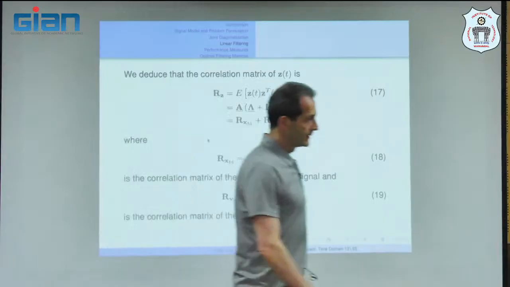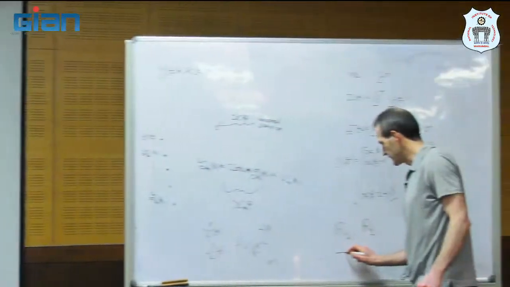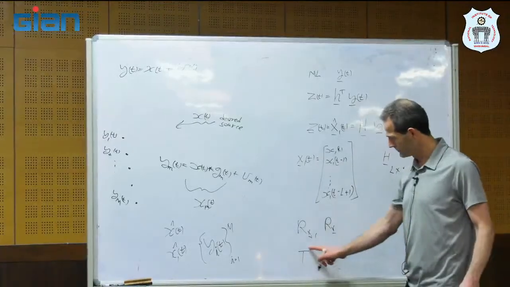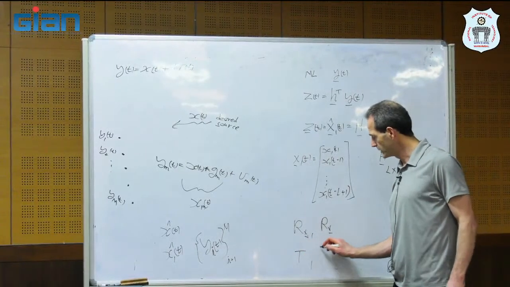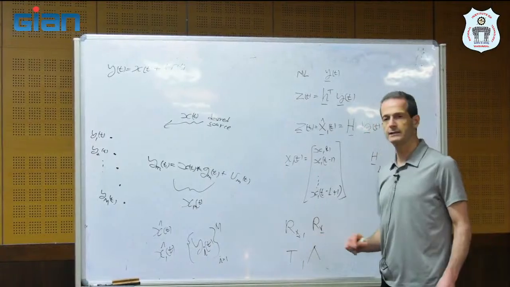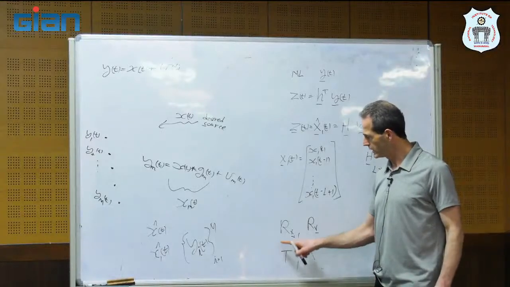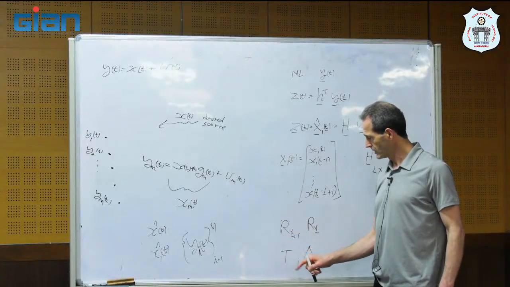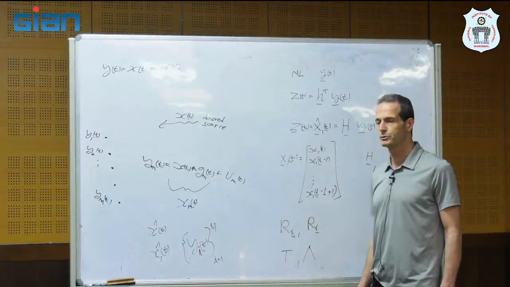Why do we know? Because if we know Rx and Rv, these are ML by ML matrices, long matrices, then we know the generalized eigenvectors, the columns in this matrix T, and we know the generalized eigenvalues. So we assume along these derivations that we know Rx and Rv, so we can compute T, and we can compute lambda.